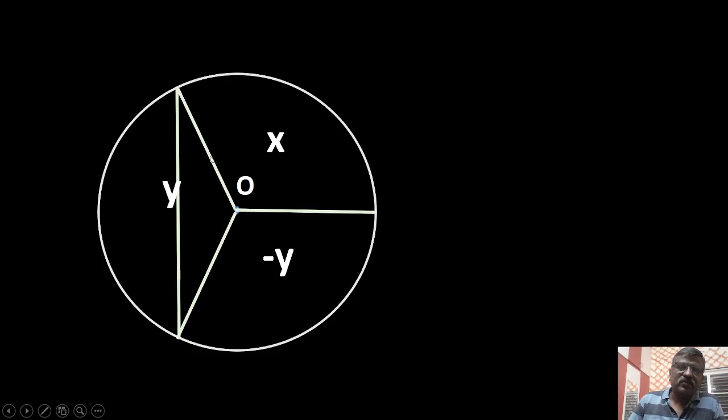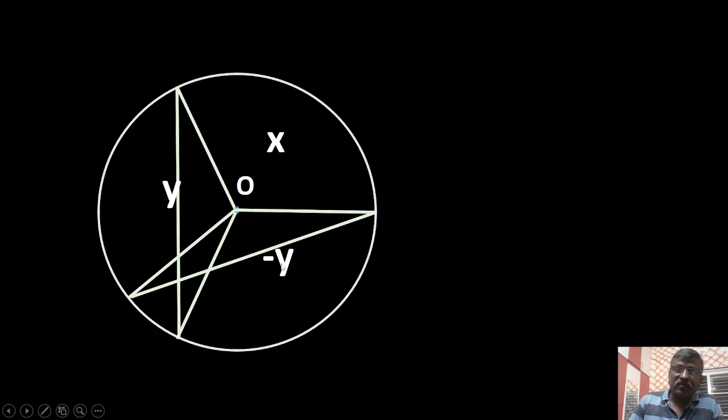You can see that these two are radii, and this angle is y. Here we have y, and we will complete another triangle. For that we put a point somewhere here, and then we join it. So now we have two triangles, and for both the triangles the common angle is y itself. Even though this is minus y, the magnitude is the same, the direction may be different.